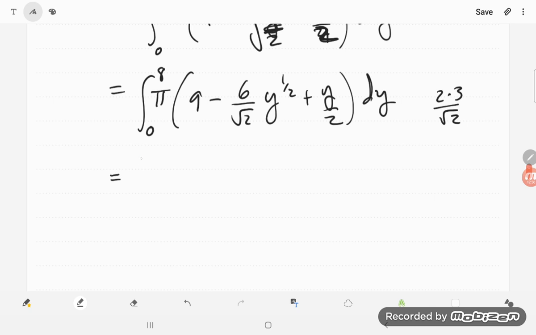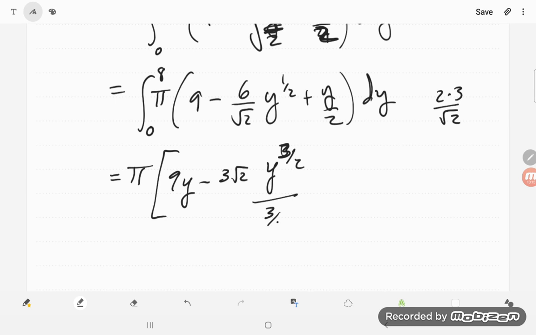So this is equal to, we have pi. Now I do the antiderivative, I get 9y minus, now here's where I'll do the 3 times the square root of 2, and then I have y to the 3/2 divided by 3/2, or times 2/3, plus y squared over 4, and this goes from 0 to 8.